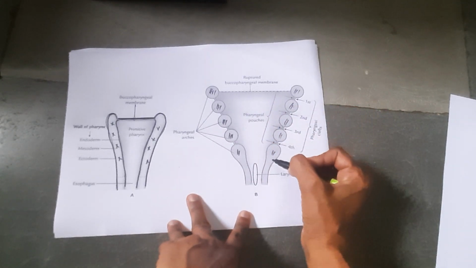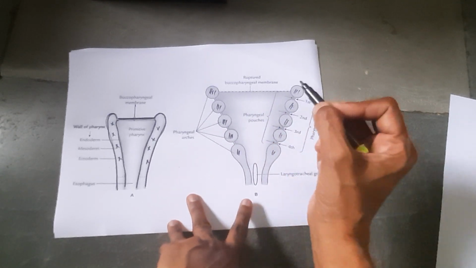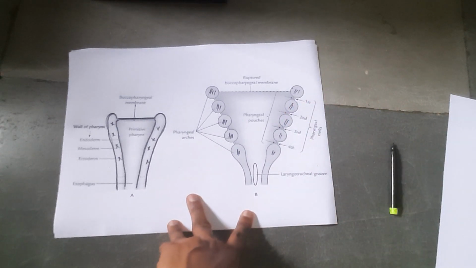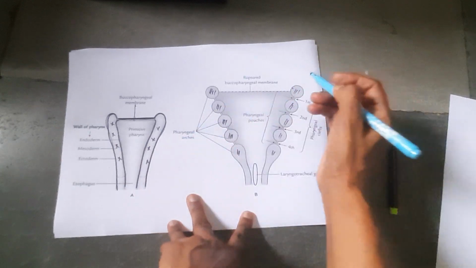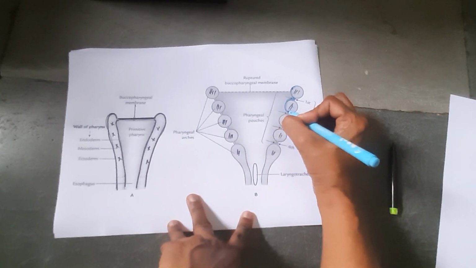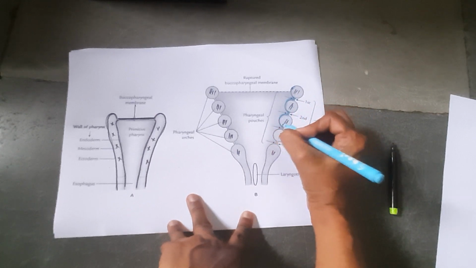These are the pharyngeal arches, and due to these thickenings, as you see here, the inner lining membrane is known as the endoderm.